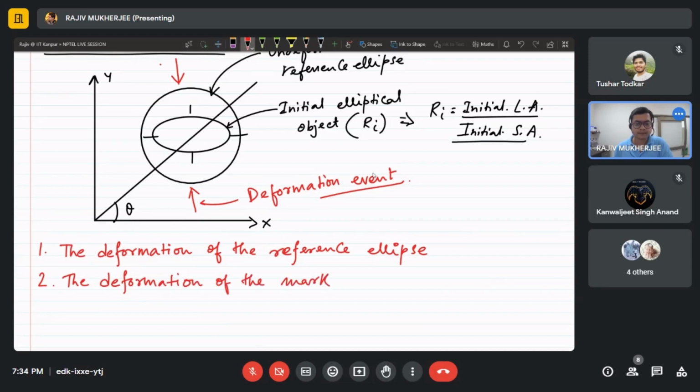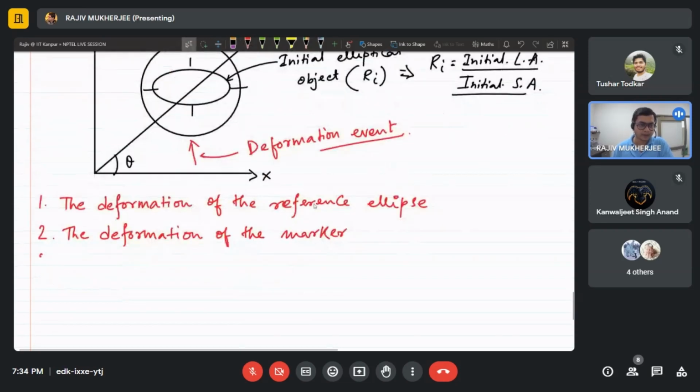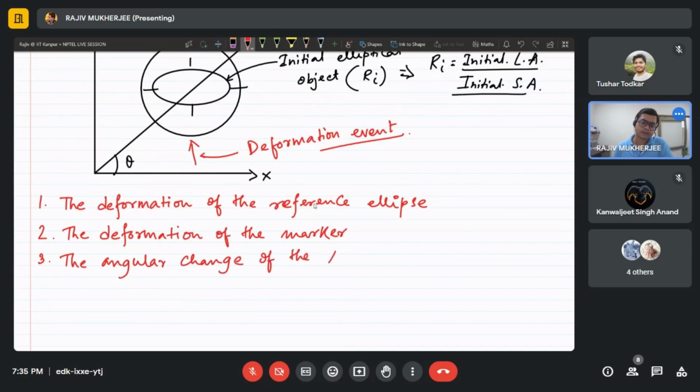And the third thing would be the angular change of the line, from theta to phi.